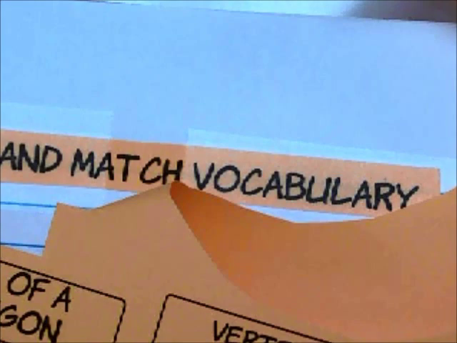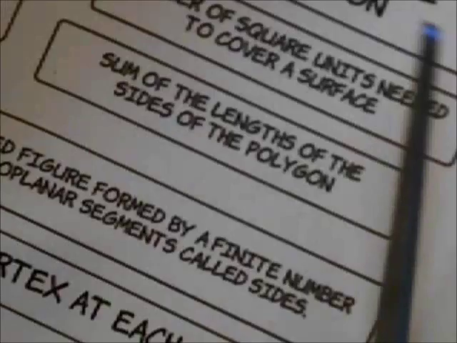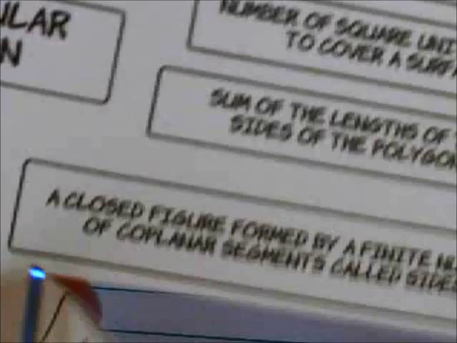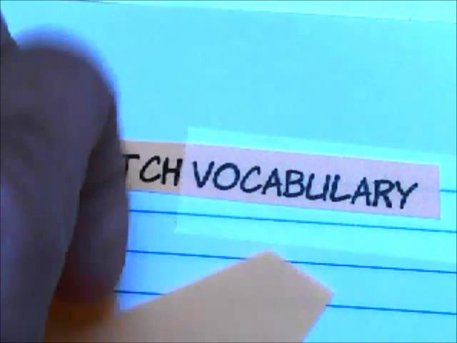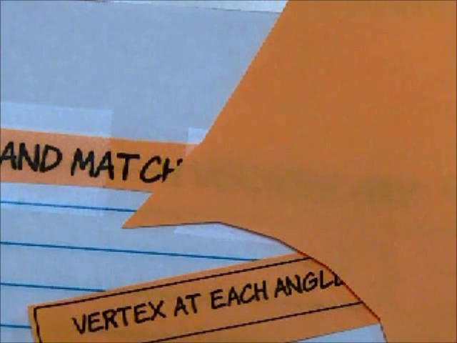So the next thing you need to do is start cutting all of these little pieces of paper out. I want you just to start cutting these, just all of them out, each of them individually. I know it's going to take you a minute to cut each of these out. But what you have here is some definitions and some vocabulary.